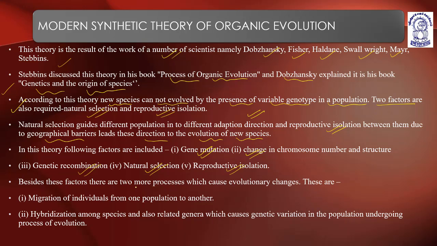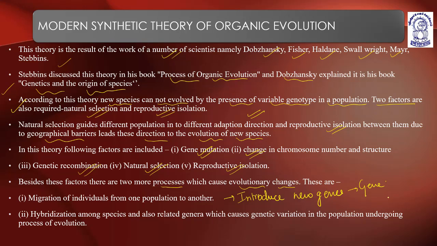Besides these factors, there are two main processes which can cause evolutionary change. These are migration of individuals from one population to another, which introduces new genes into the gene pool.